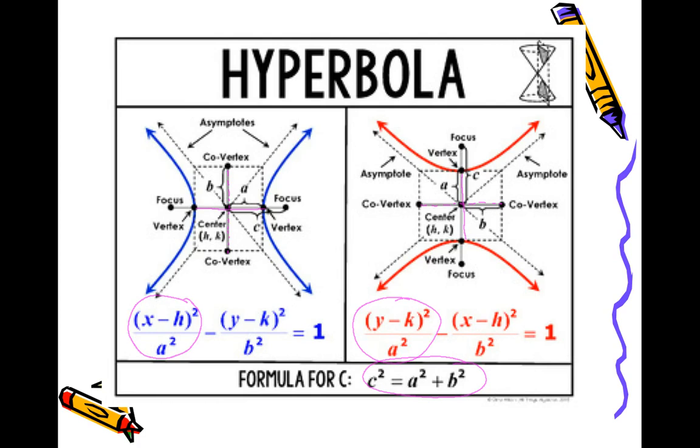I go up and down A to get to the vertices. In this case, your x was positive, so I go right and left A to get to the vertices. B takes us to what I'll call the co-vertices. They're not actually points on the hyperbola, but they help us construct it.